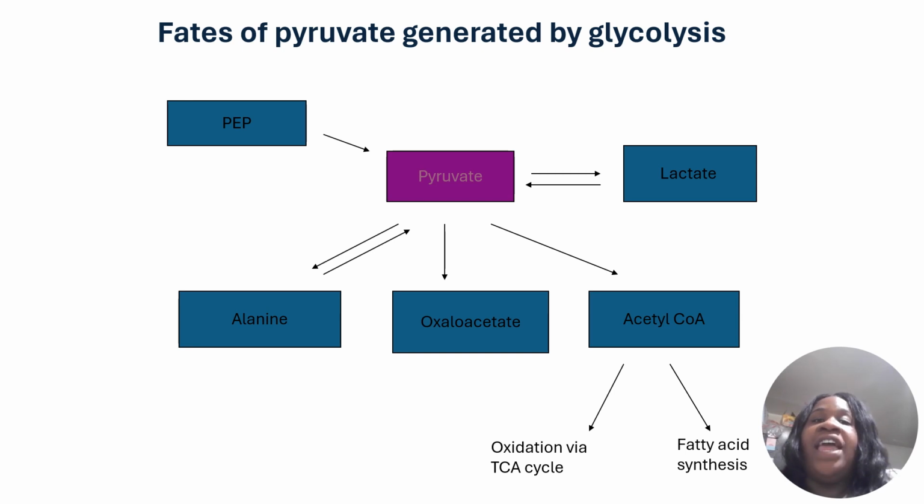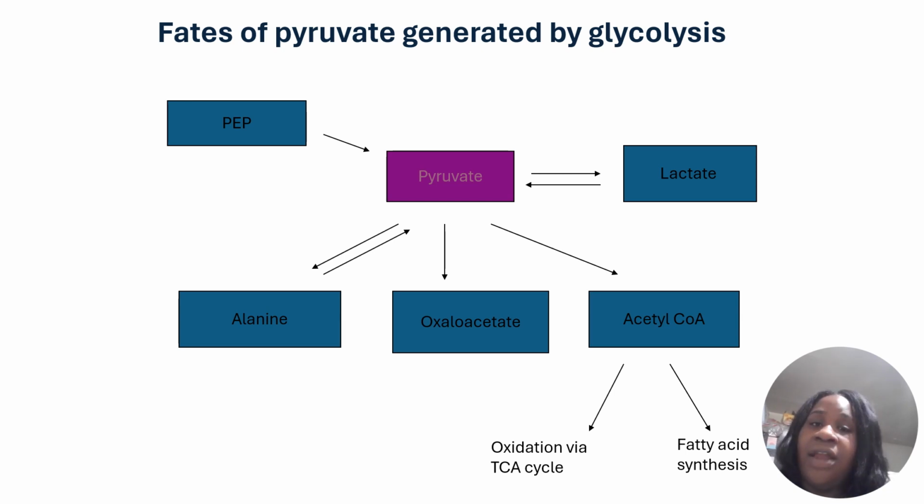You then have the ethanol fermentation, which occurs in yeast and other microorganisms. Pyruvate can undergo alcoholic fermentation, where it is converted into ethanol and carbon dioxide. This process involves decarboxylation of pyruvate to acetaldehyde by the enzyme pyruvate decarboxylase, followed by a reduction of the acetaldehyde to ethanol by alcohol dehydrogenase.